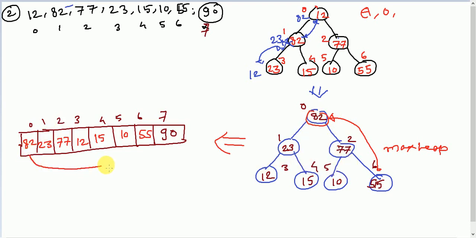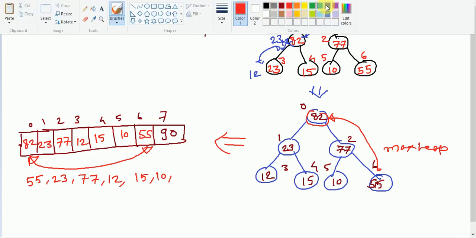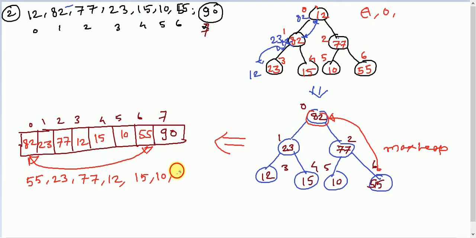After replacing this, that means we replace 82 with 55, so I'll get an array like 55, 23, 77, 12, 15, 10, and then already there, after swapping, 82 and 90. So at the second pass we are getting the two largest sorted elements.